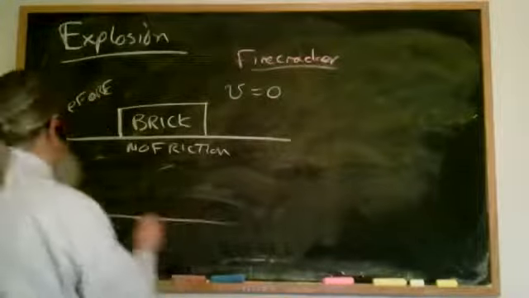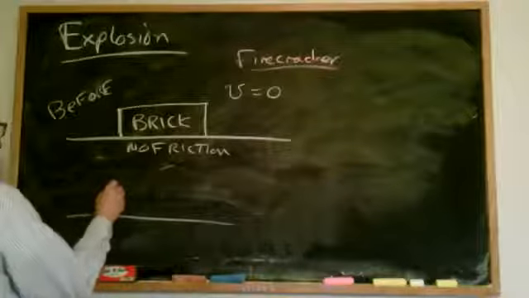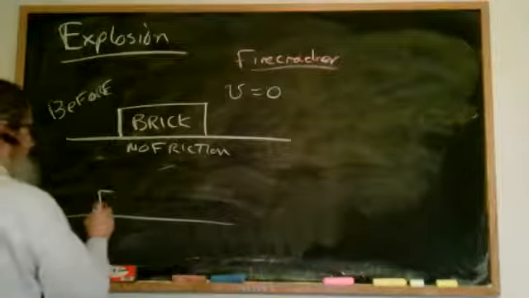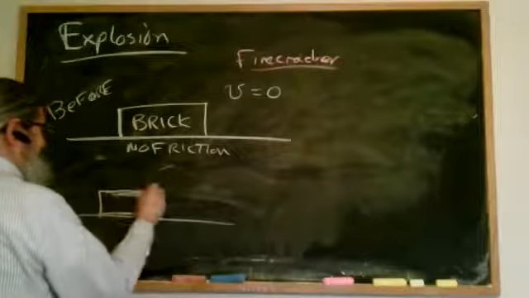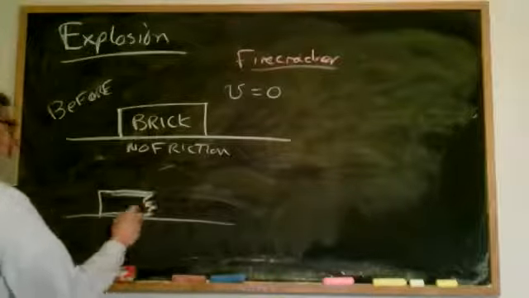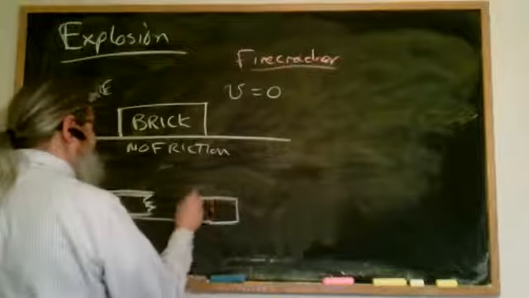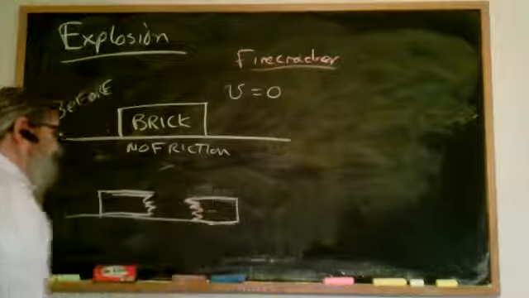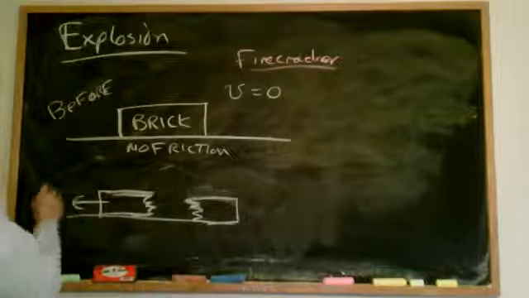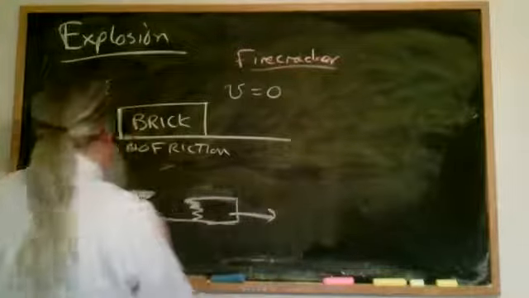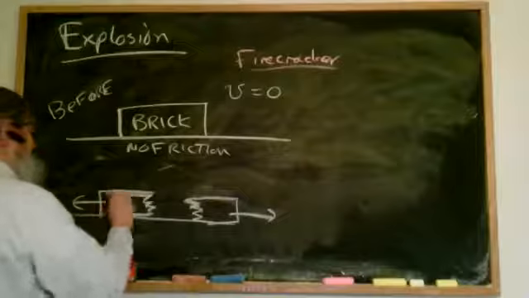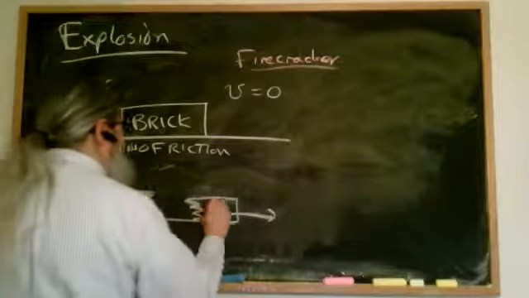And then after, the brick miraculously breaks into only 2 pieces, somewhat miraculously for the purposes of doing the problem. So there's 1 piece there, and then here's another piece here. So 2 pieces go flying off. I'll call this piece MA and this piece MB.